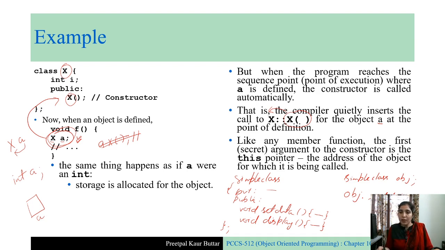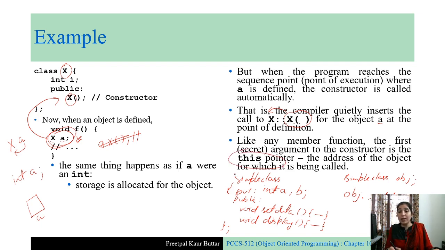So actually you are passing two arguments, 10 and 20. These 10 and 20 are the values of the data members A, B of simple class. But secretly one more argument is passed while you are calling the member function of any class. And that secret argument is the this pointer.